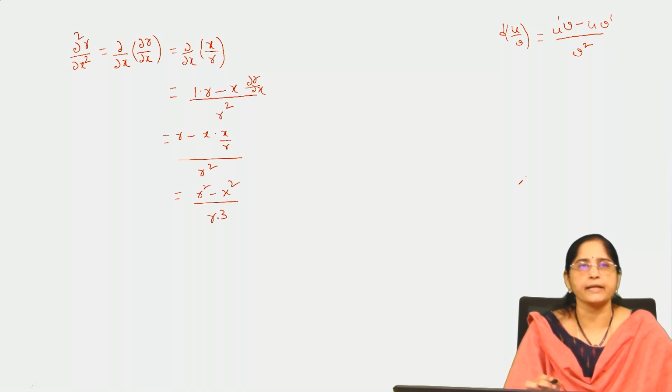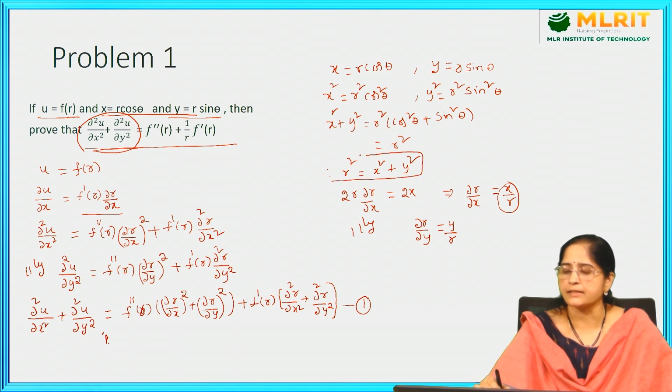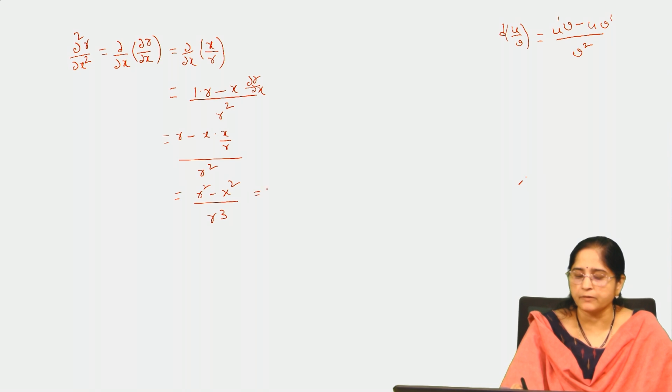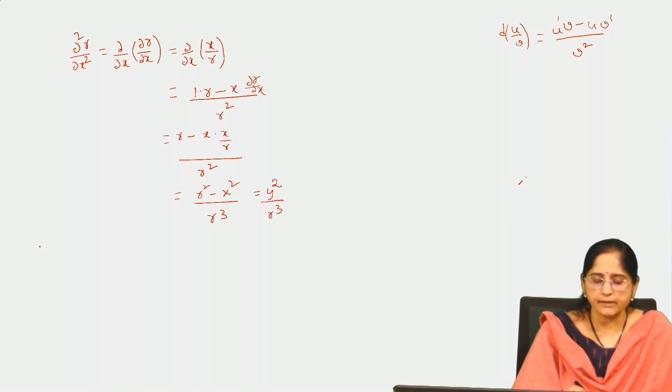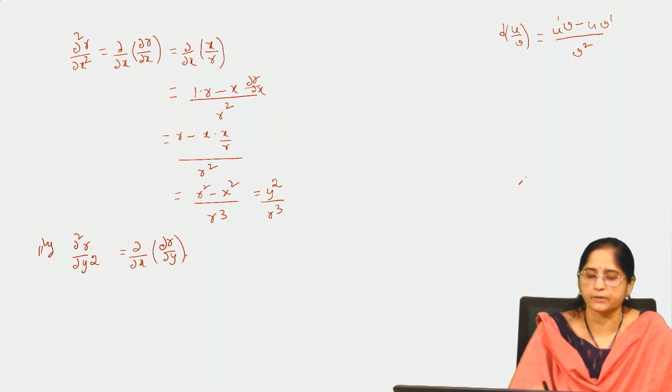So, we have the relation x square plus y square equal to r square. From this, r square minus x square equal to y square by r cube. Similarly, we can find out dou square r by dou y square. So, this is equal to dou by dou y of dou r by dou y.